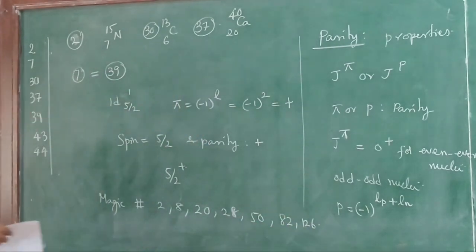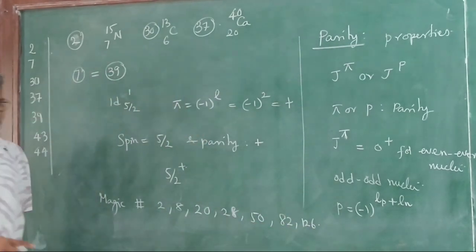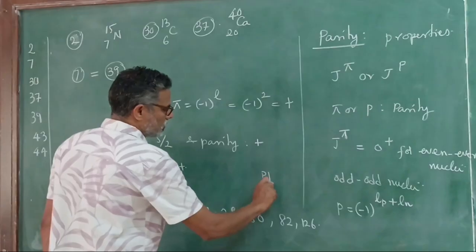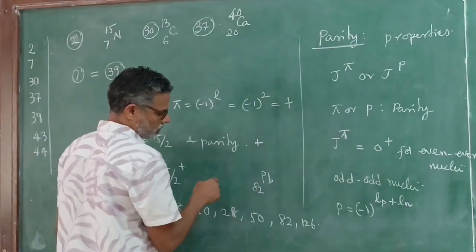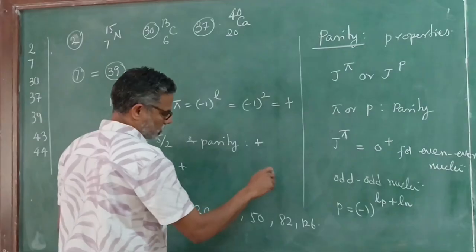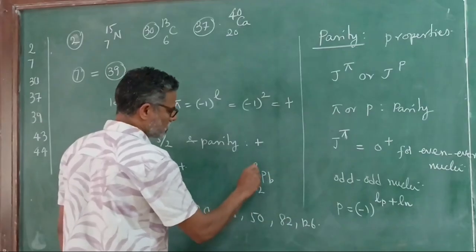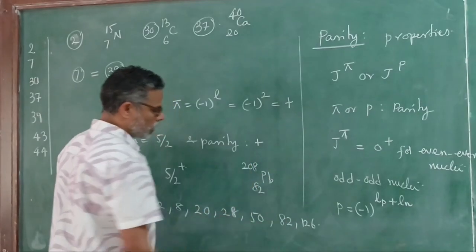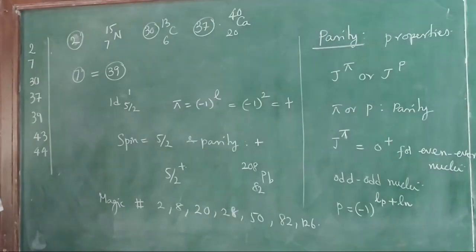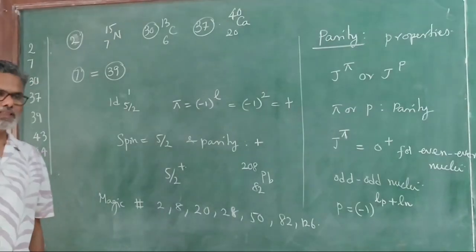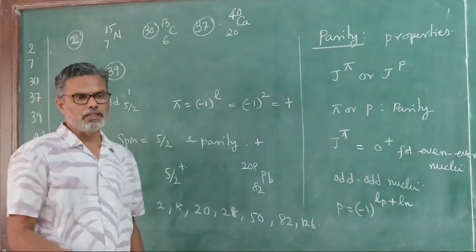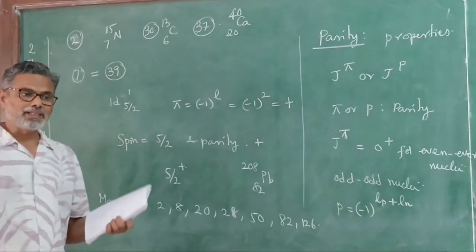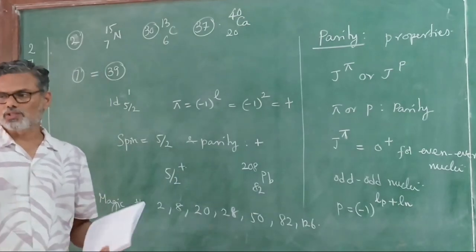So basically, Pb has 82 protons and 126 neutrons, and 82 plus 126 is the mass number, 208. Both of them are magic numbers. When both proton and neutron numbers are magic, it is a magic nucleus, and it has the highest stability.